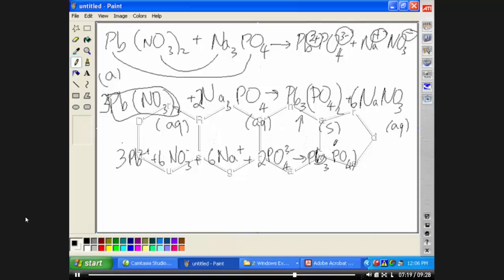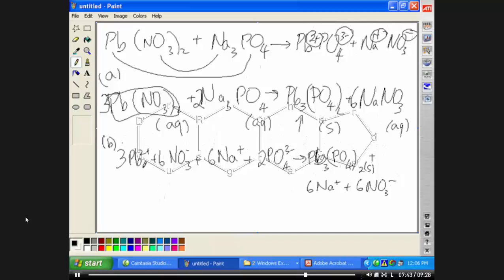Pb3(PO4)2 solid plus, and this will split up into 6 Na plus 6 NO3 minus. And there you go, that is part B. That is the complete ionic equation.